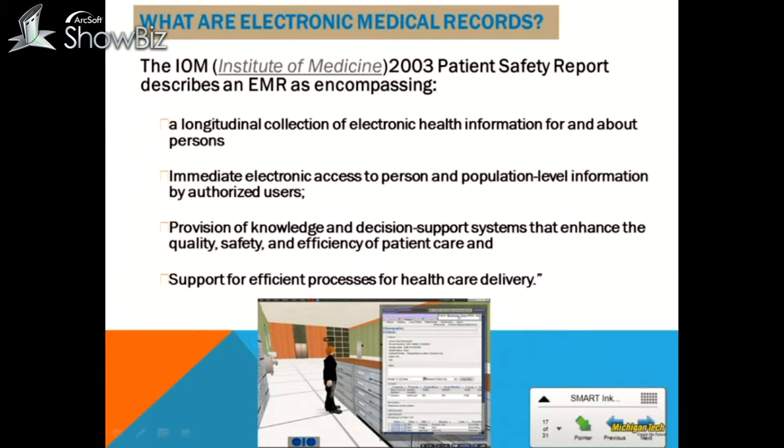The second one: immediate electronic access to patient and population level information by authorized users. So it's not just getting the information from the patients and inputting it in the computer. If you use a single computer, how do you make it immediate access? For example, you are a nurse and you enter the patient information, but the lab test site also needs to access this information immediately.